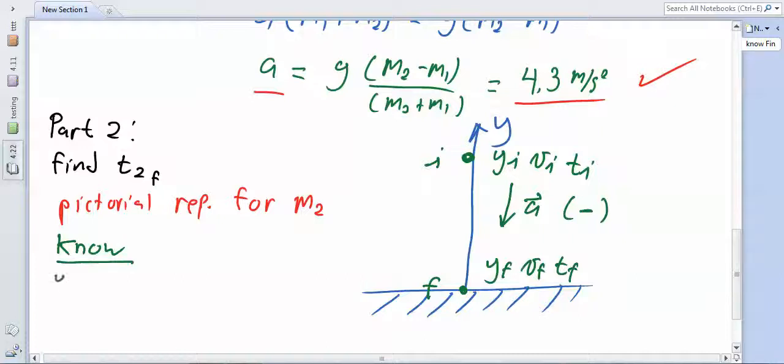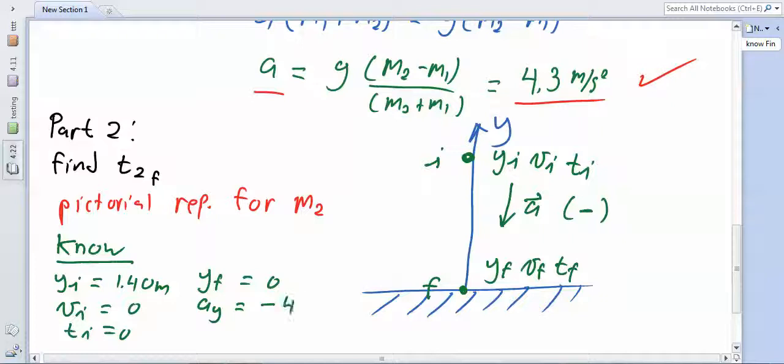So the value of y sub i is going to be 1.4 meters. The value of v sub i is 0. The value of t sub i is equal to 0. The value of y sub f is equal to 0. The value of a sub y is going to be negative 4.3 meters per second squared because it points down.